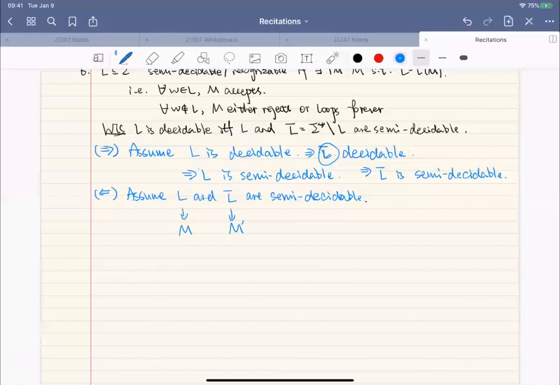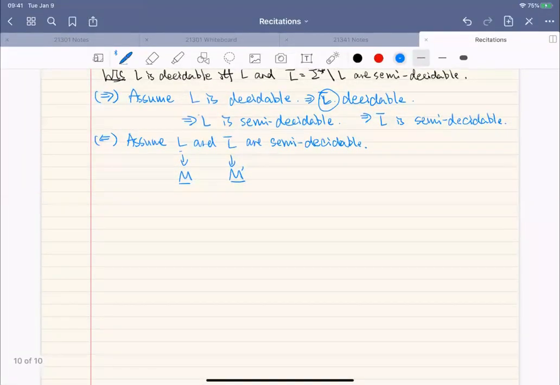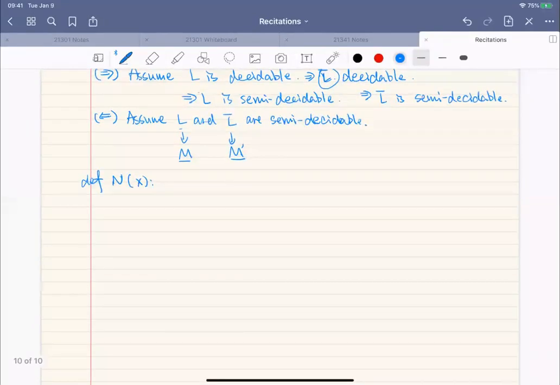We want to use M and M prime to construct a decider for L. One simple thought would be: if N is the decider for L, we define it as taking an input string, say X, and we first run M on X.